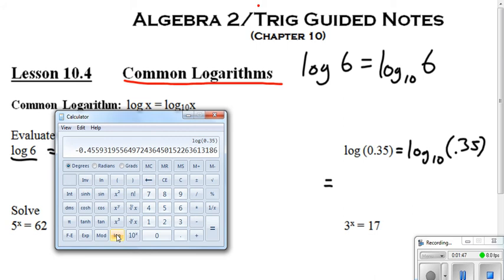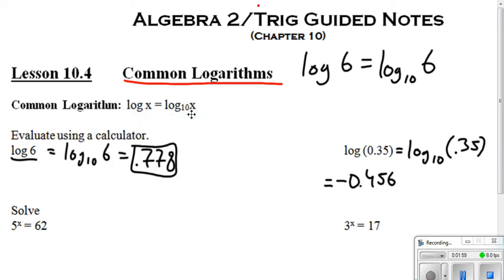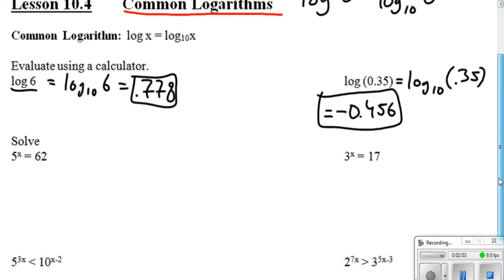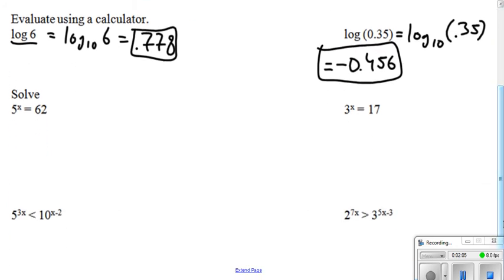From our calculator, we get that it is approximately negative 0.456. So that was given straight from our calculators. Thanks, calculators.